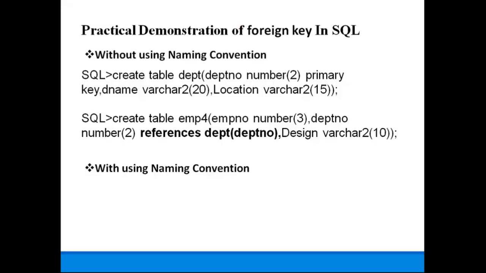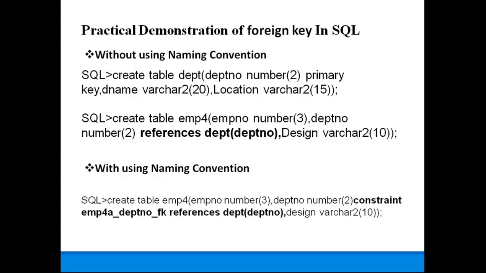Primary key. Foreign key also can be defined by using a naming convention. See the syntax. Here I create an employee 4 table by using a naming convention, that is emp4a underscore department number underscore fk.